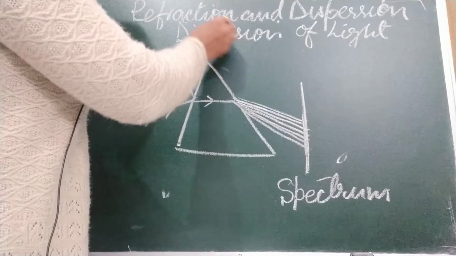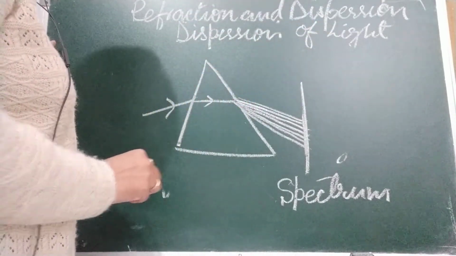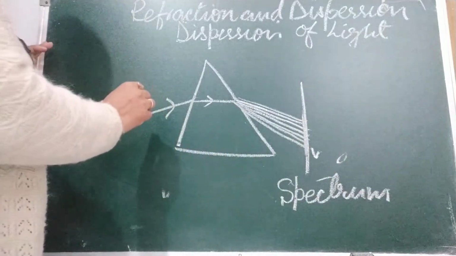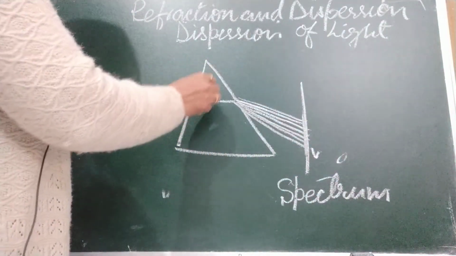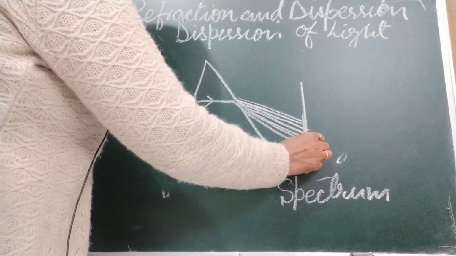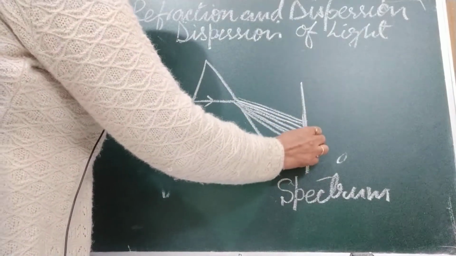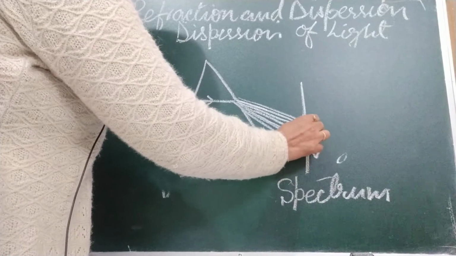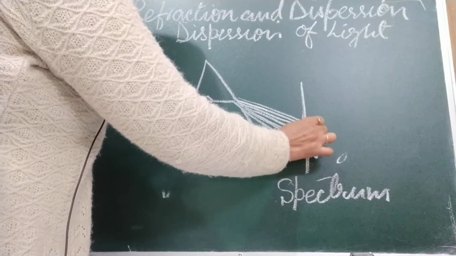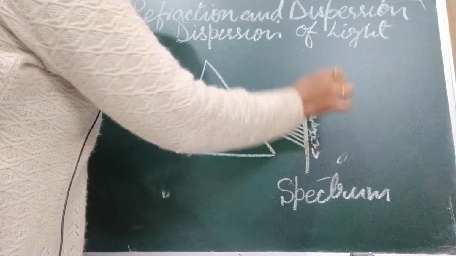Children, as we had discussed angle of deviation, Isaac Newton brought to notice that white light of the sun is made of 7 colors: violet, indigo, blue, green, yellow, orange and red.